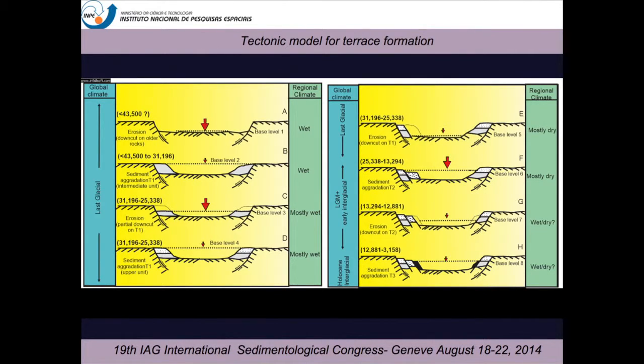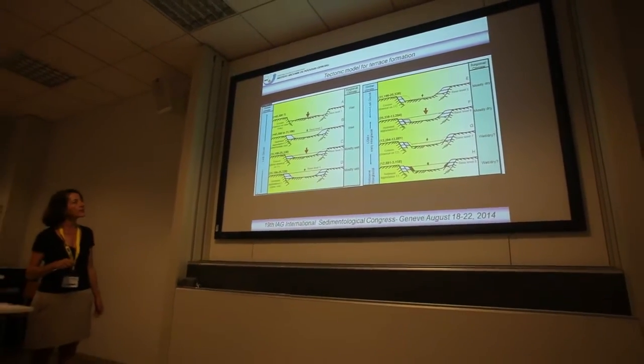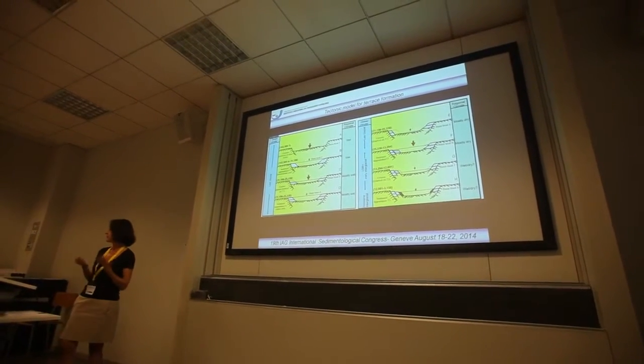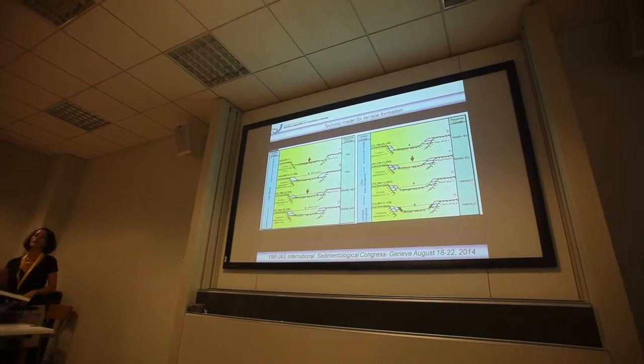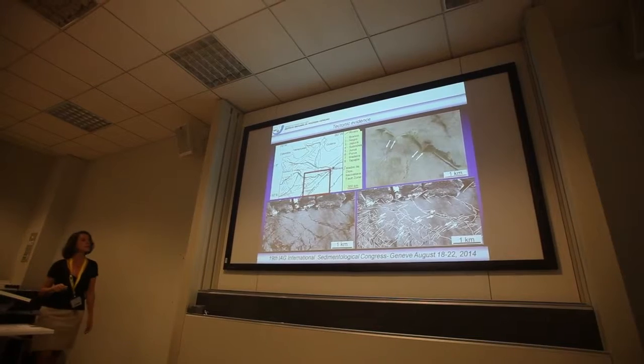When another event causes activity again in this fault, you have another period of terrace downcutting, and that goes all the way around, forming this complexity of different periods of terrace downcutting and terrace sedimentation.